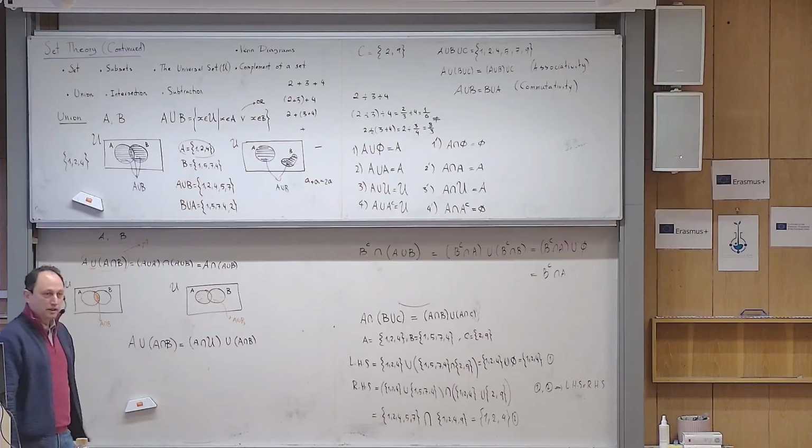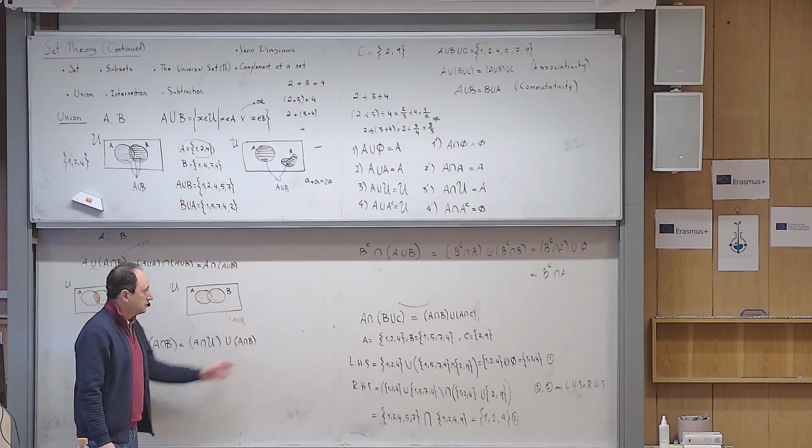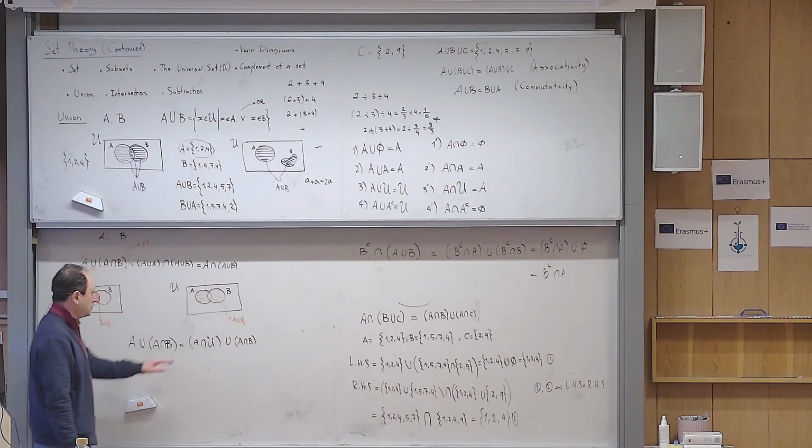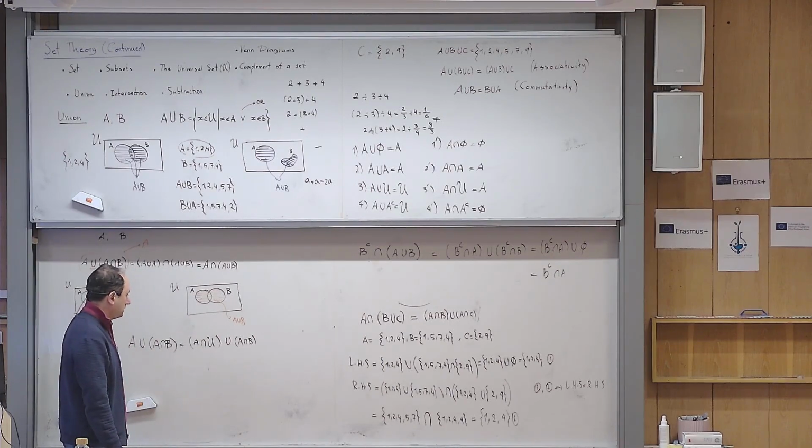But now can you see why this is beneficial? Think about factorization now. Can I factor something out here? What is in common here and there? A with which operation? Intersection. So I can pull this out.